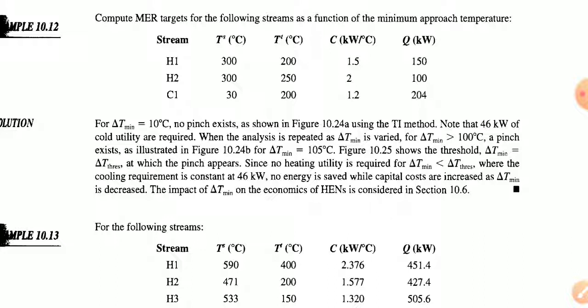When the analysis is repeated as delta T minimum is varied, for delta T minimum greater than 100 degrees Celsius, a pinch exists as illustrated in figure 10.24b for a delta T minimum equal to 105 degrees Celsius.